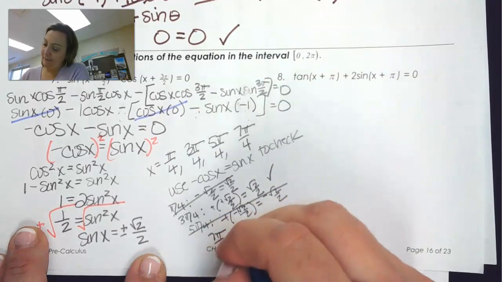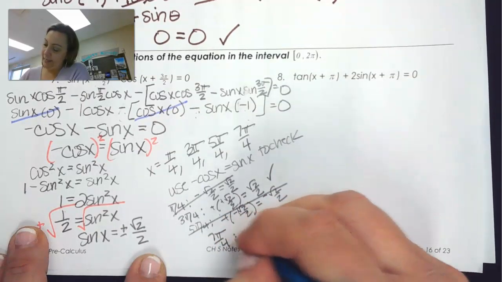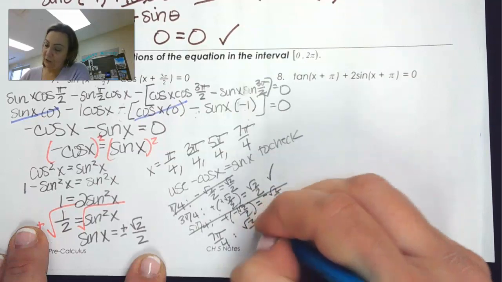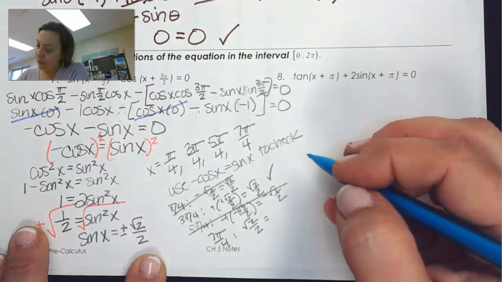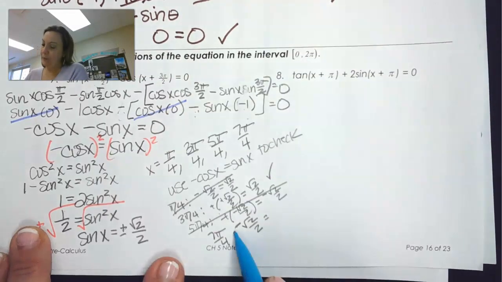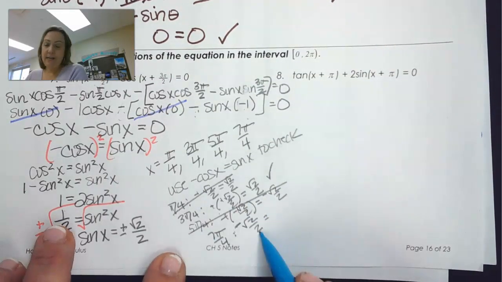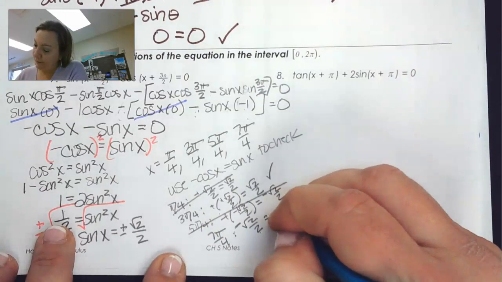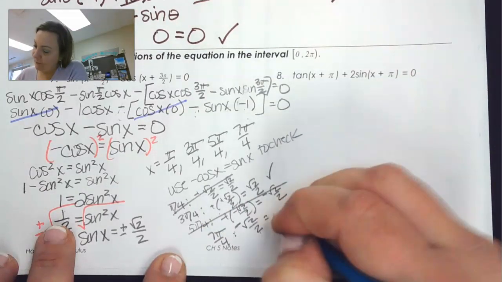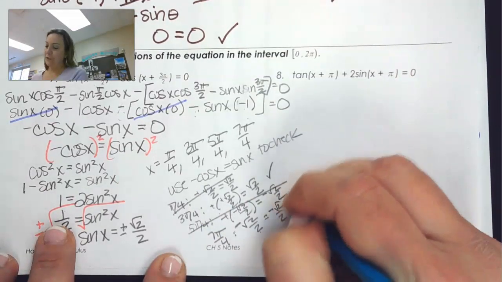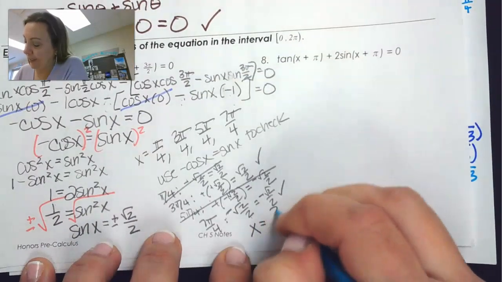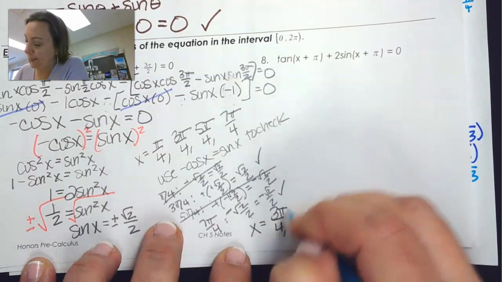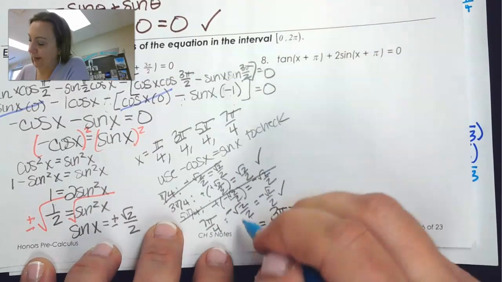And then 7 pi fourths would be root 2 over 2 equals, oh no, negative root 2 over 2 because we're taking the opposite of cosine, equals, and then the sine of 7 pi fourths is also negative root 2 over 2. That works out. So essentially the x values that work here are 3 pi fourths and 7 pi fourths, okay?